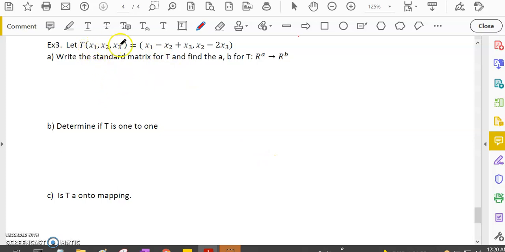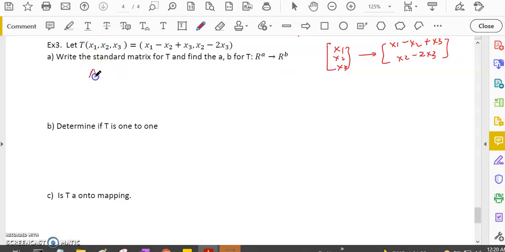So my T of x1, x2, x3 is this. I'm going to write the standard matrix. The input is x1, x2, x3, and the output is x1 minus x2 plus x3 for the first entry, and then x2 minus 2x3, so it's an R2 output.